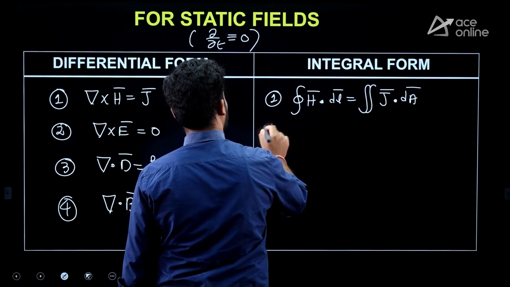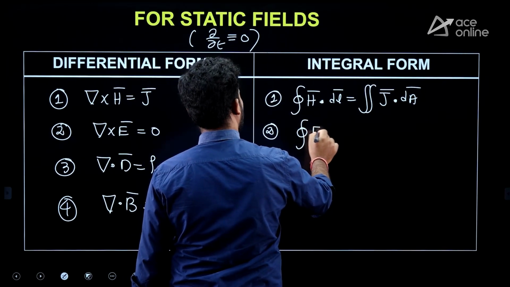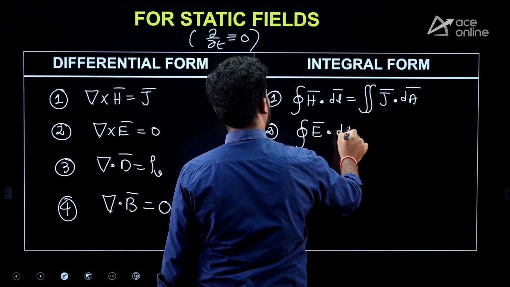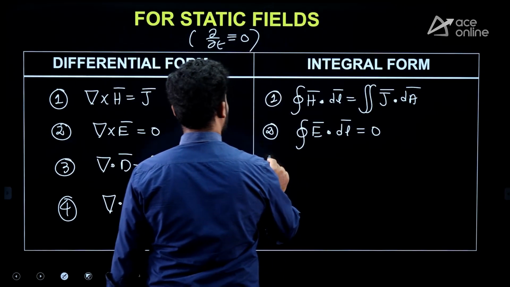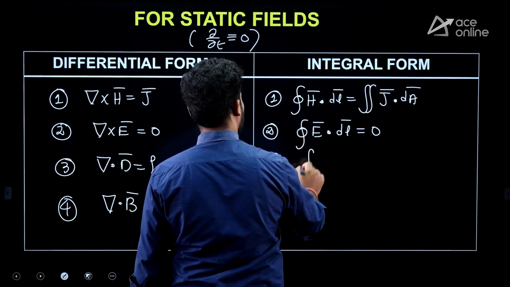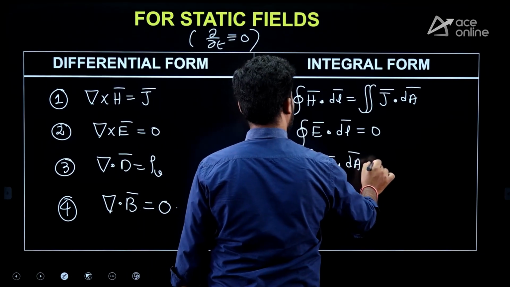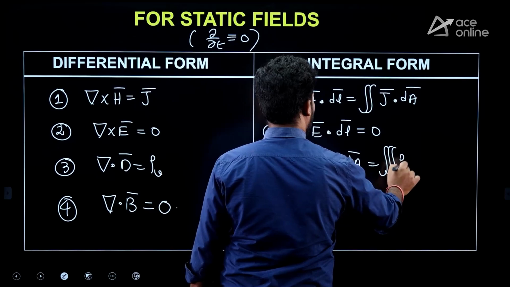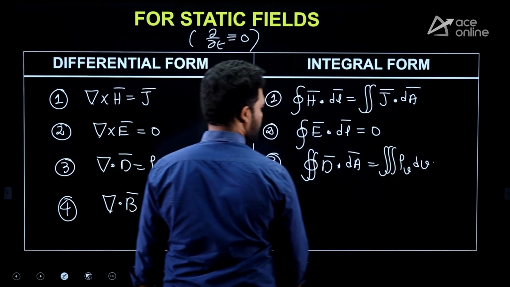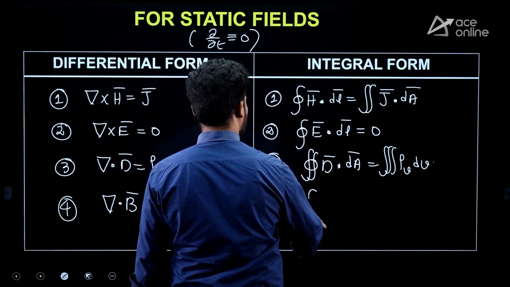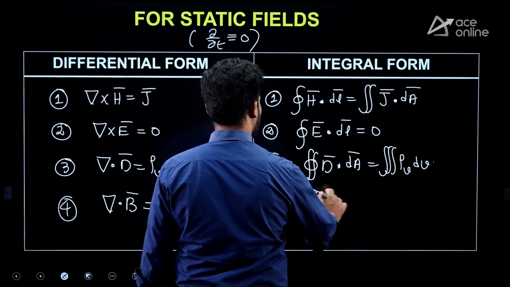Next, closed line integral of E dot dl is equal to 0. Third one, closed surface integral of D dot dA is equal to, it remains the same, volume integral of rho v into dV. Fourth, closed surface integral of B dot dA is equal to 0.